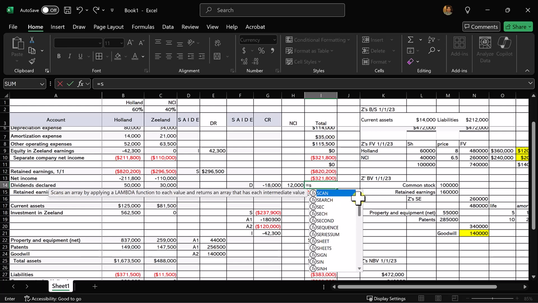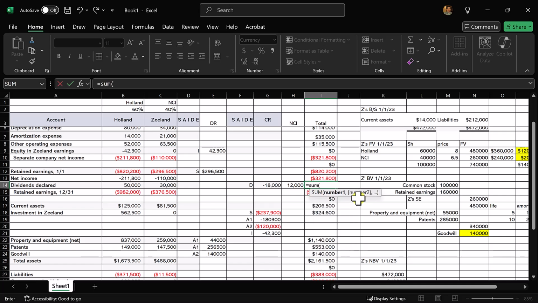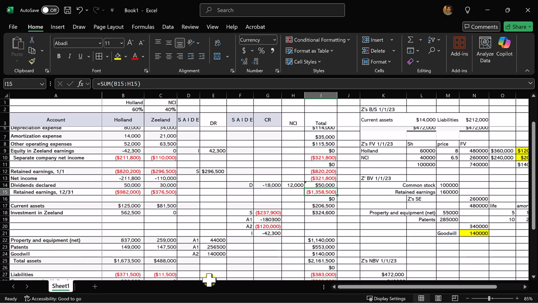I'm gonna sum all of this over here, except the last one here, which I'm going to minus out that 12, leaving only the 50. In other words, parent's dividends, consolidated total dividend.